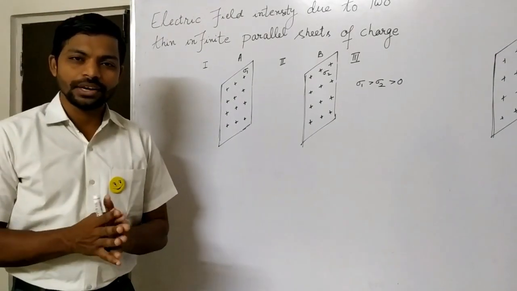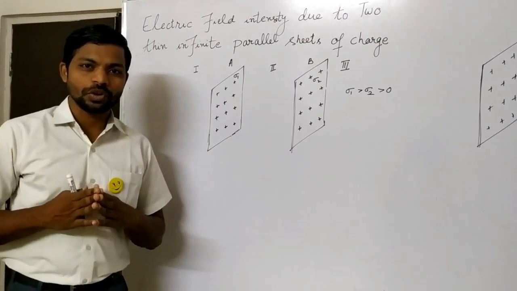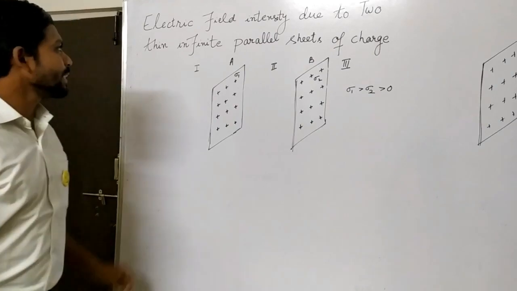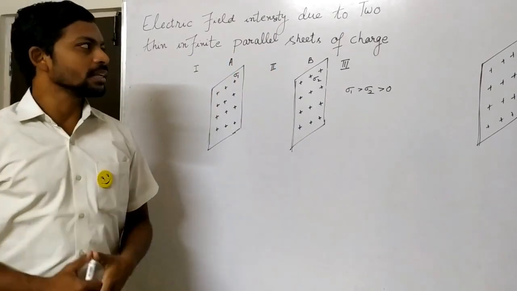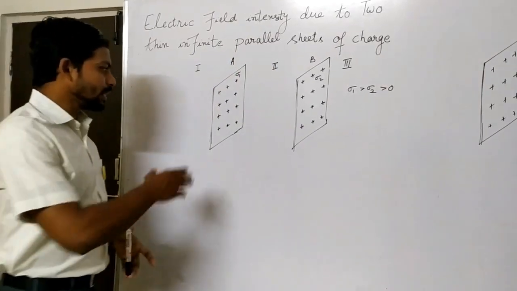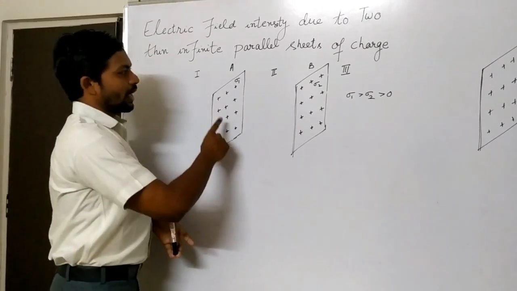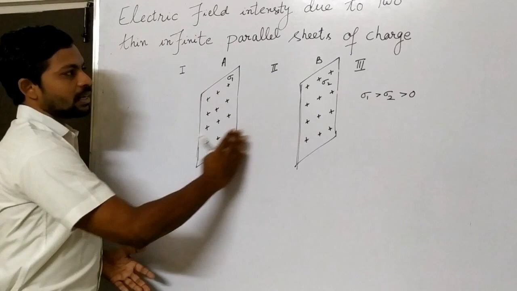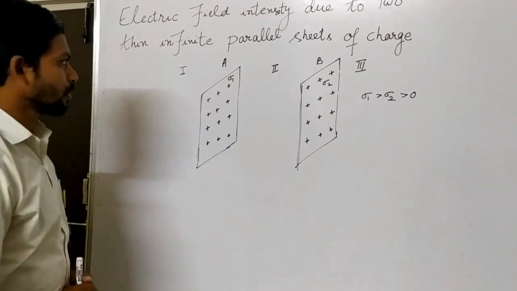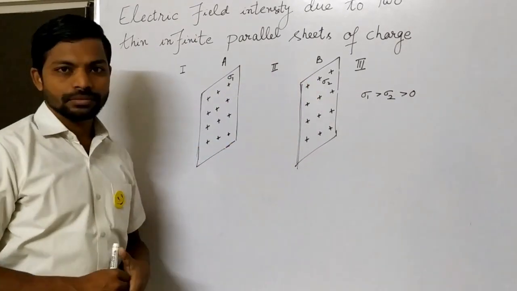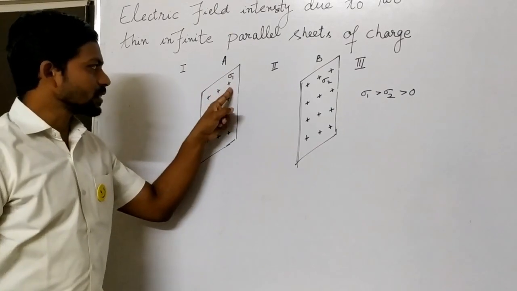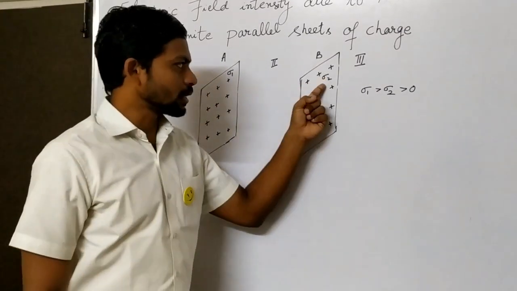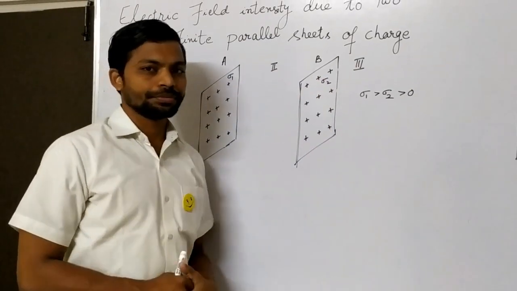Friends, now we will learn the last application of Gauss law: electric field intensity due to two thin infinite parallel sheets of charge. You can see here in the picture we have two thin infinite parallel sheets of charge, A and B. Let us say the surface charge density on this sheet is sigma 1 and on this sheet is sigma 2.